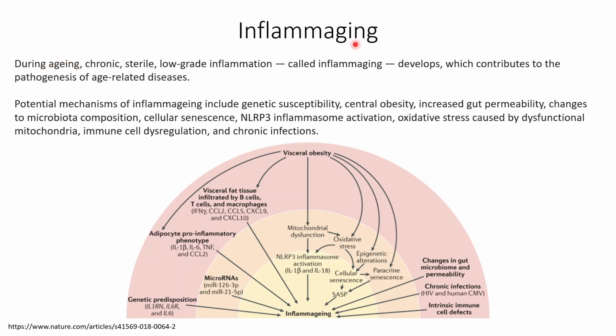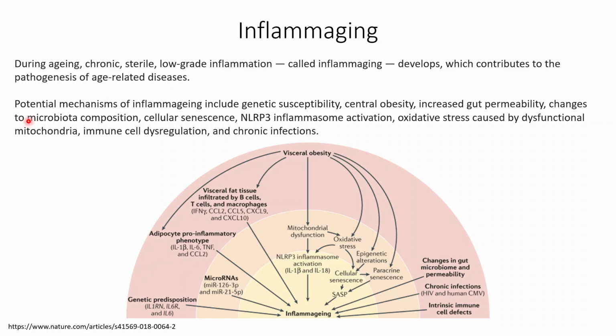So inflammaging, it's basically inflammation and aging as a word, just being squashed together. So during aging, chronic, sterile, low-grade inflammation occurs in the body, and this is called inflammaging. Okay, and this develops over time as a person ages and contributes to pathogenesis of a lot of age-related diseases. Okay.